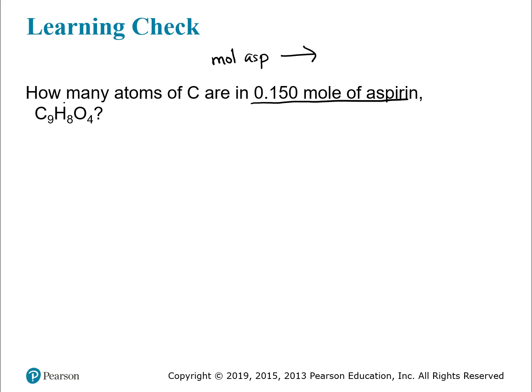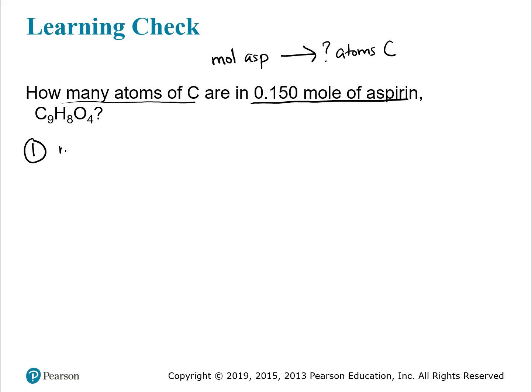The question is how many atoms of carbon? So we have to take moles of something and convert that to atoms of something else. We can't just jump straight from moles of aspirin to atoms of carbon. We need to use something in between.